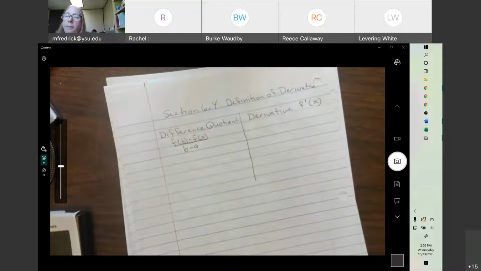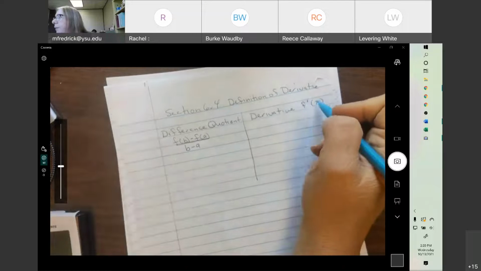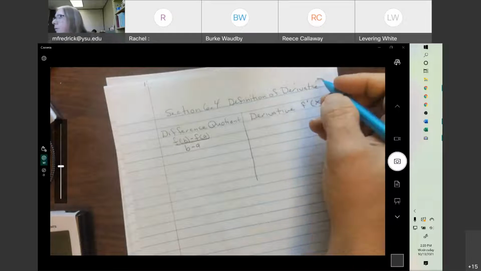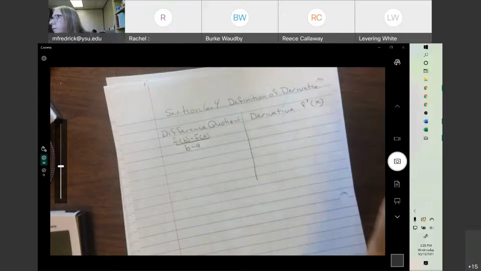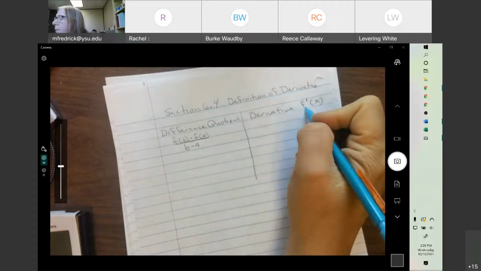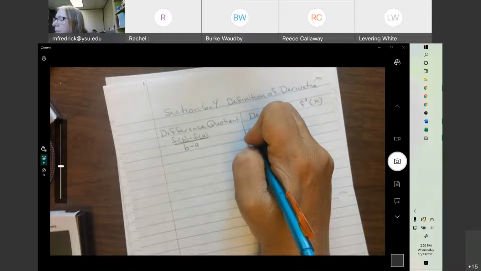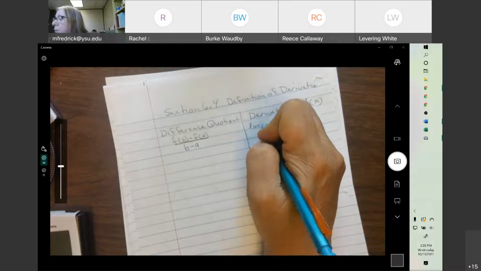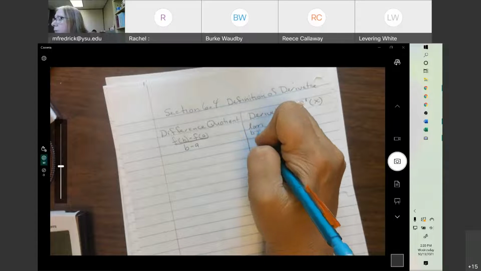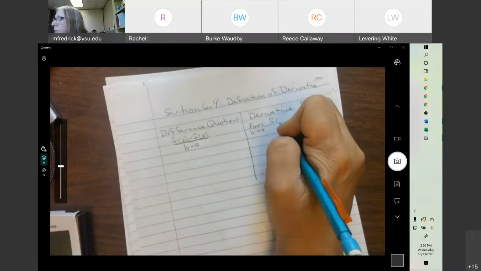If there's 2 of them, then second derivative. 3, third derivative. After that, they start putting numbers. 4, 5, 6. But this just means to take the derivative. The derivative that we learned already, and actually we're just using, is this one.